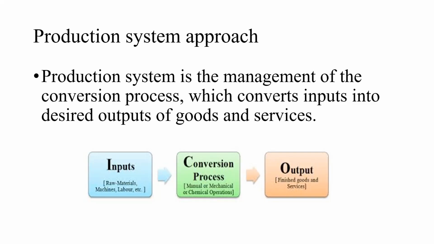So anyway, in this production system, you can understand there are three main components. One is the input, then the conversion process, so the transformation process, and the output. So we can say some examples of inputs, like land, because land is one kind of input.